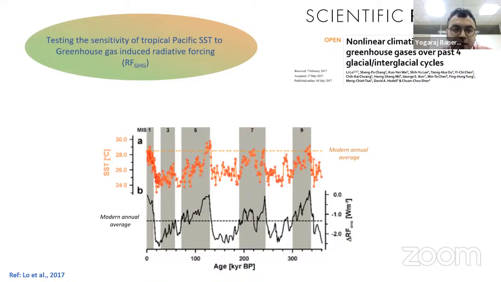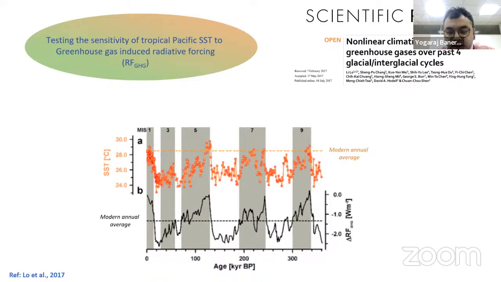And panel B represents the difference in the greenhouse gas induced radiative forcing. So this is the difference between the average and what has been calculated for the past.